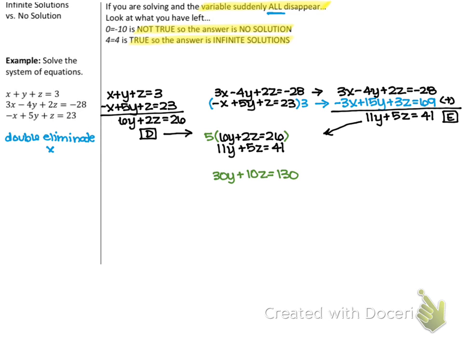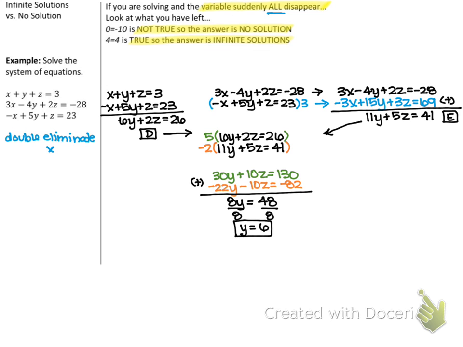All right. Now let's multiply this one by negative 2. So negative 22y minus 10z is equal to negative 82. If I add straight down, my z's better disappear. Now 8y is equal to 48. Okay, this is good. It looks like y is equal to 6. So that's one of them.